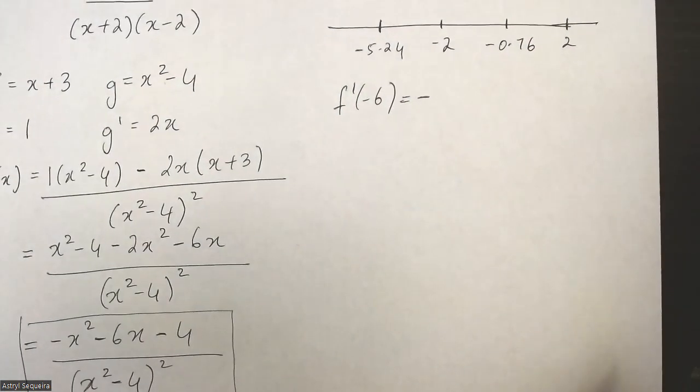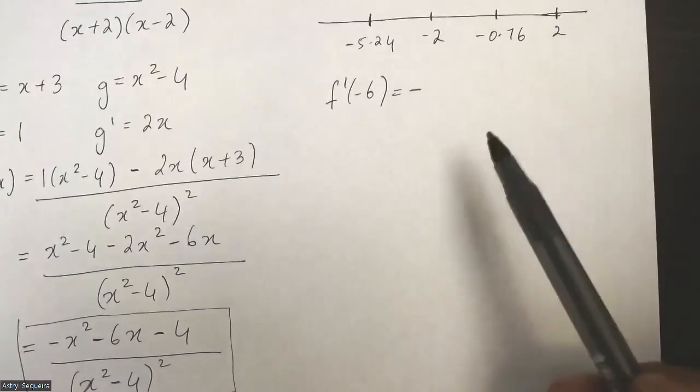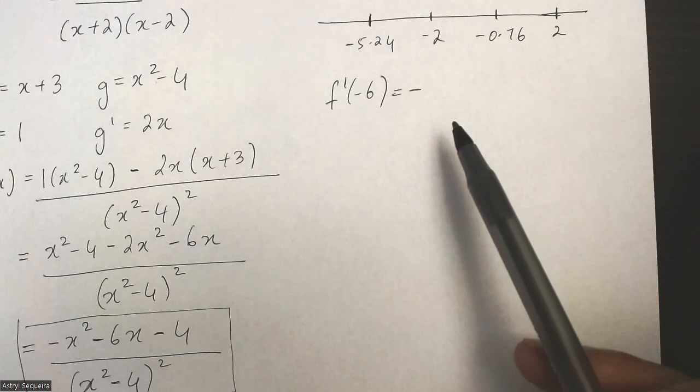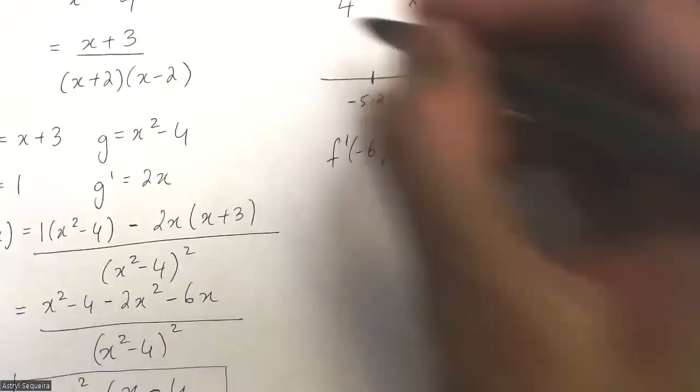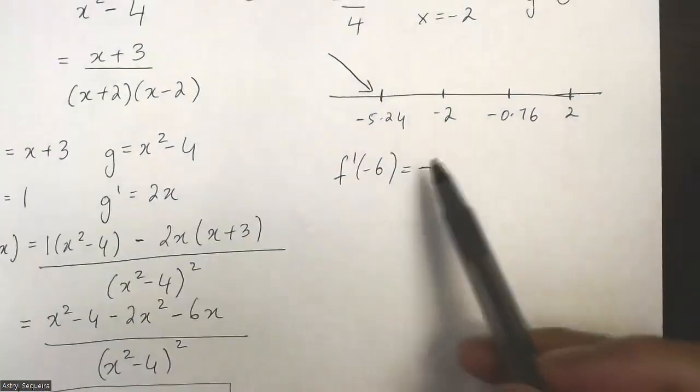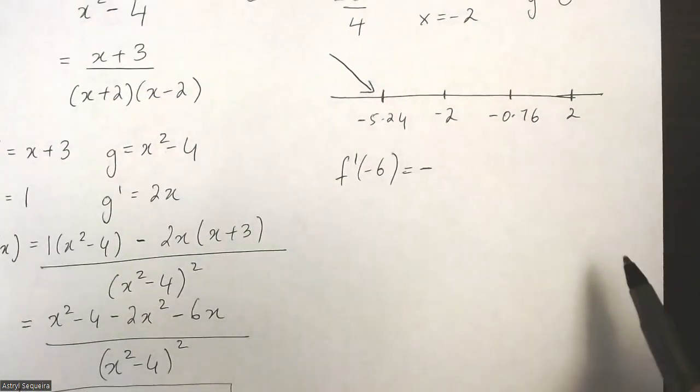So since it's a negative number, it means that the graph is decreasing in this range. So negative means decreasing, positive means increasing.